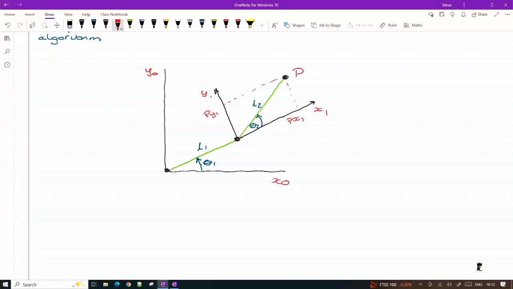Okay, so what I've annotated there is the position. We can denote point P within that frame x1, y1 as the point px1, py1.